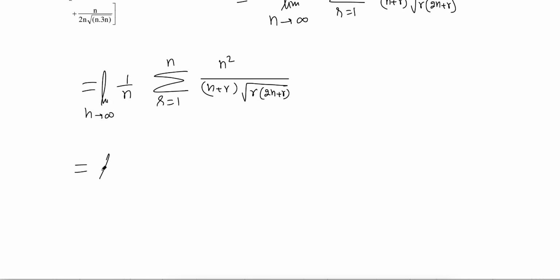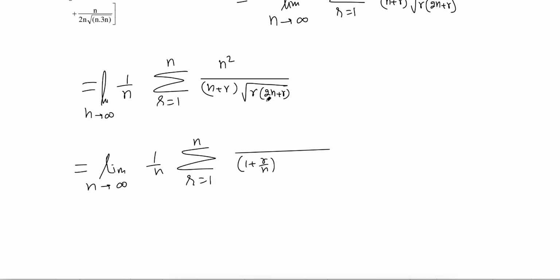So limit n tending to infinity, 1 by n sigma, concentrate, r equal to 1 to n. One n will come here, I am dividing here, so that will become 1 plus r by n. And one n I am sending here, so inside, n square will go.